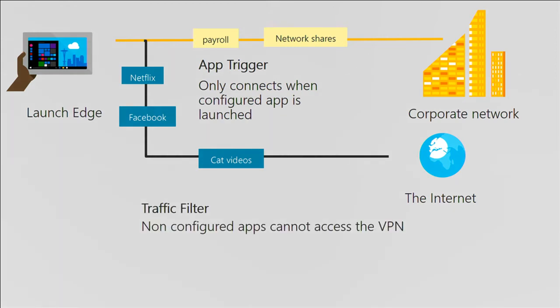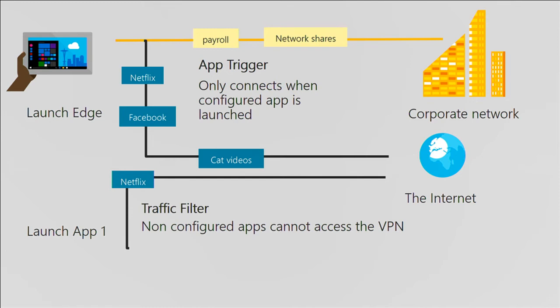But I've also configured traffic filters. Traffic filters is what enables you to get that restricted VPN, so that non-configured apps can't access it. So let's see what that looks like. If I have app 1, which is not in our traffic filtering list, you can still send traffic over the physical interface, that's great, but you can't access the VPN tunnel anymore.